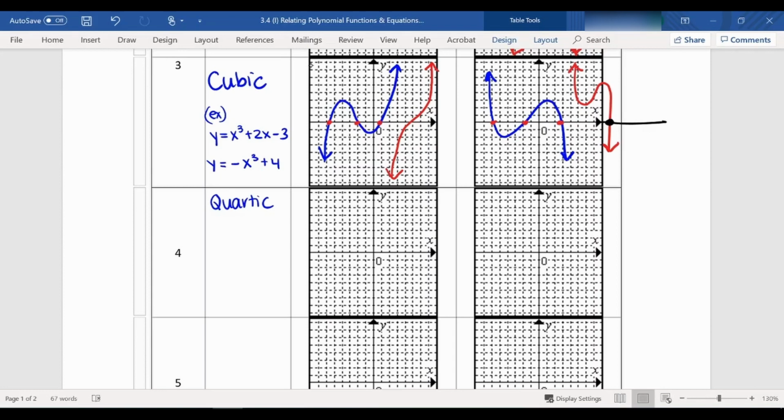So an example of a quartic would be something like y equals x to the power of 4 plus 3x cubed minus 2x squared plus x plus 1. Or something like y equals negative x to the 4 minus 5x. That's also a quartic. Okay.